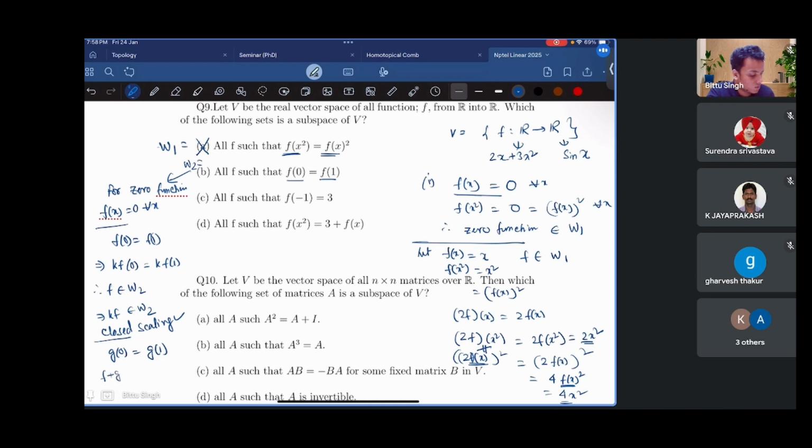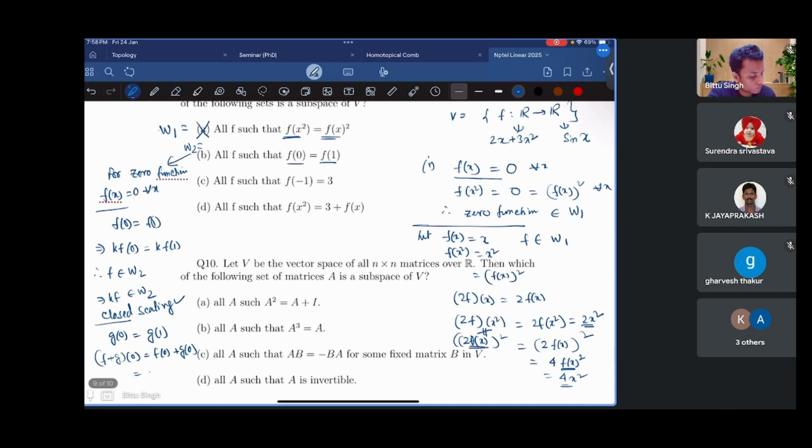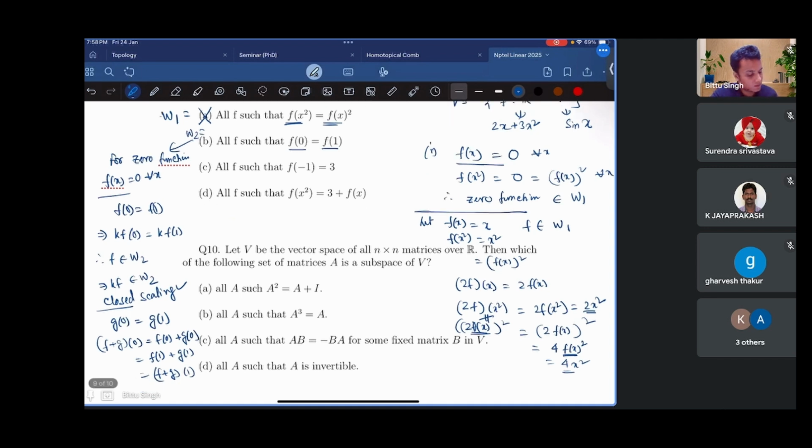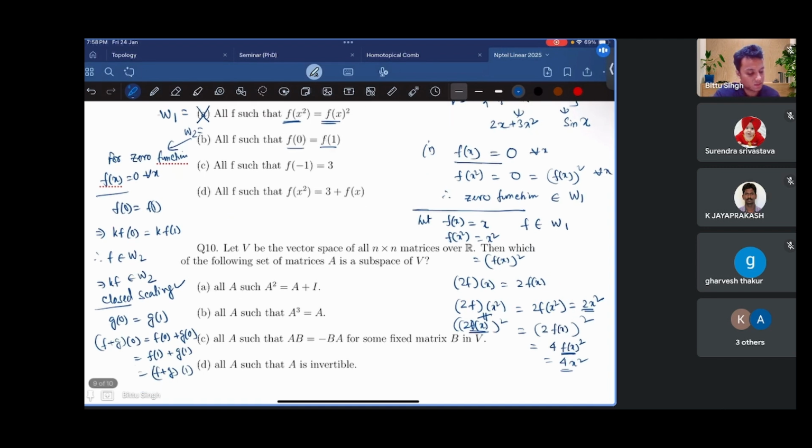Then (f plus g)0 is the same as f0 plus g0, but f0 is the same as f1, g0 is the same as g1, and by definition this is (f plus g)1. So this is closed under addition and closed under scalar multiplication.